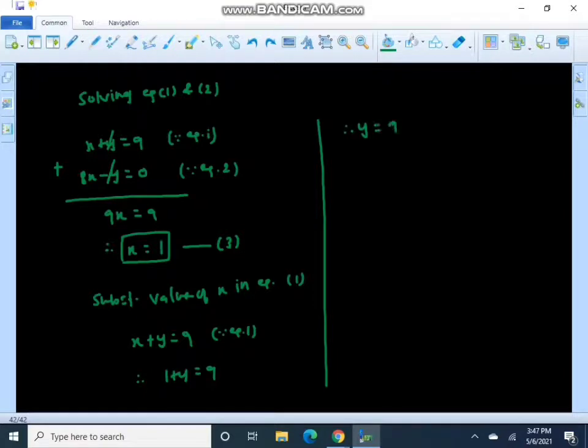Therefore y is equal to 9 minus 1, therefore y is equal to 8. Okay, and therefore we have to find the original number or the digits. Find the number. Yes, therefore original number क्या हो जाएगा भाई, टेंस डिजिट 1 है एंड यूनिट डिजिट 8 है, तो 18 हो जाएगा ना. क्लियर. 18 will be the original number.